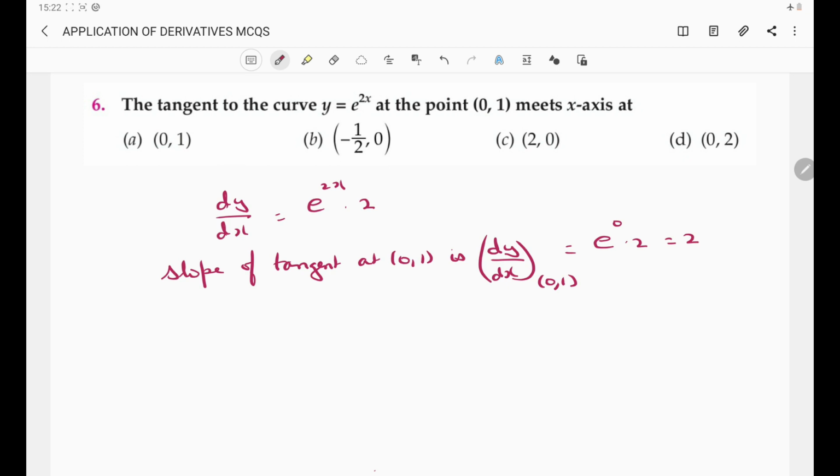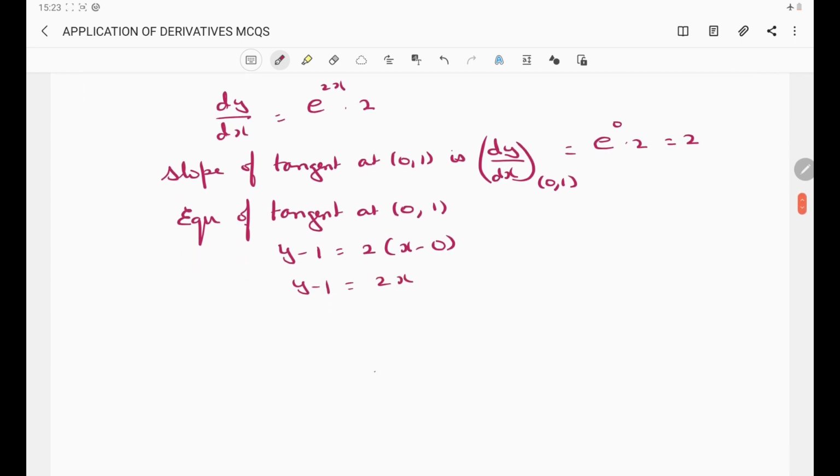So we got the slope of the tangent is 2. So the equation of the tangent at point (0, 1) is y minus 1 is equal to, the slope of the tangent being 2, into x minus 0. So we got y minus 1 equal to 2x. So this is the equation of the tangent at the point (0, 1).